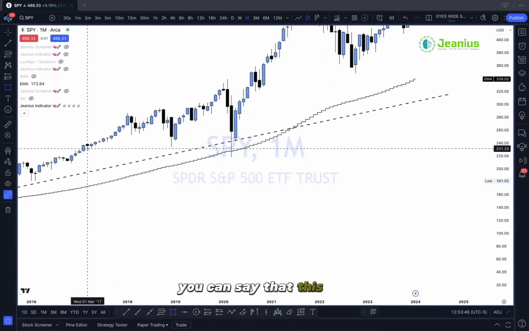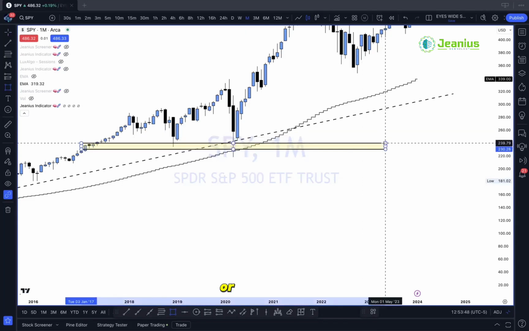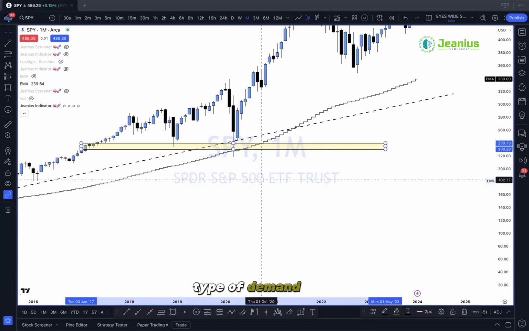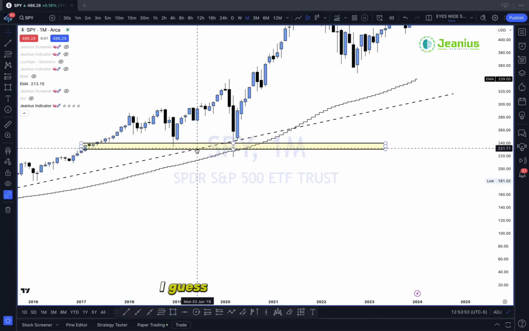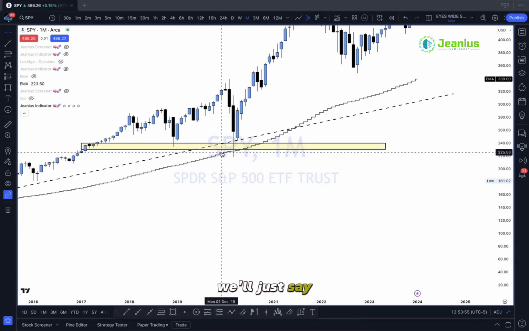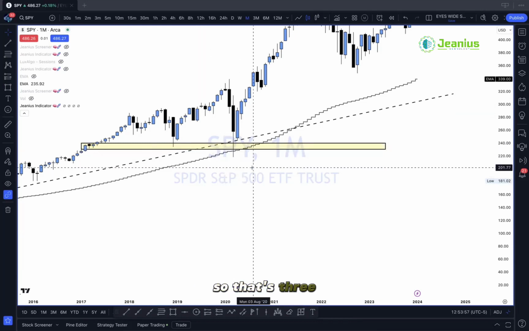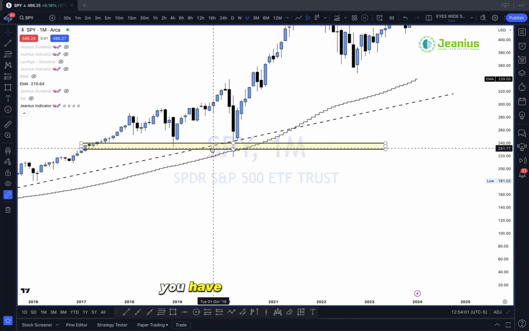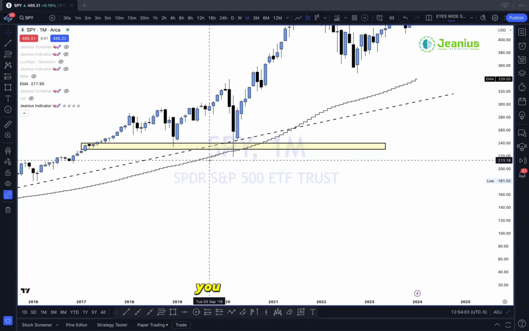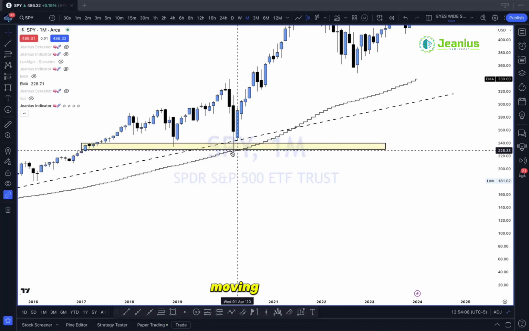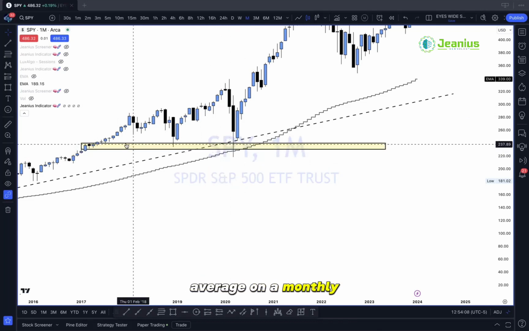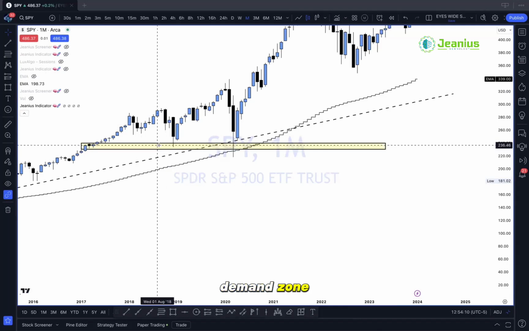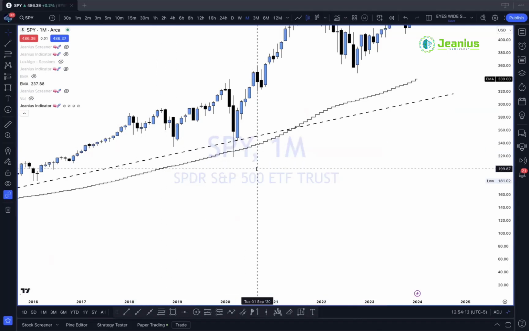You could say that this is a support or resistance level, or some type of demand zone. So we'll just say demand and support. So that's three confluences at once. So you have a retest of a support, you have a test of a trend line, you have a test of a moving average, which is the 50 moving average on the monthly, and you have a test of a demand zone. Those are like 4 confluences.